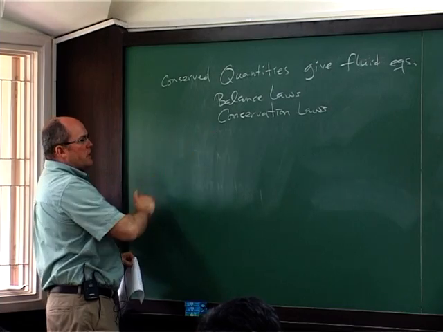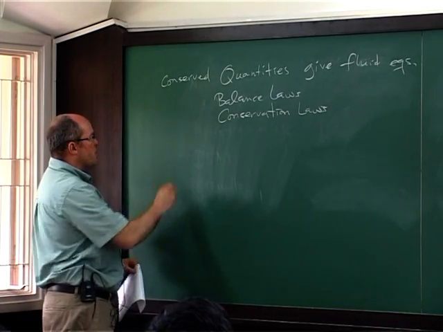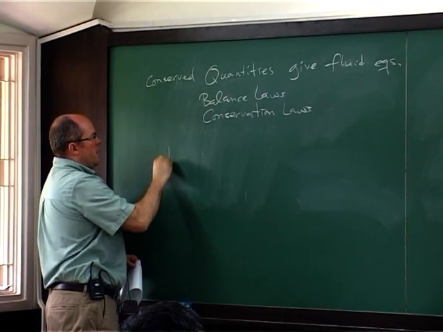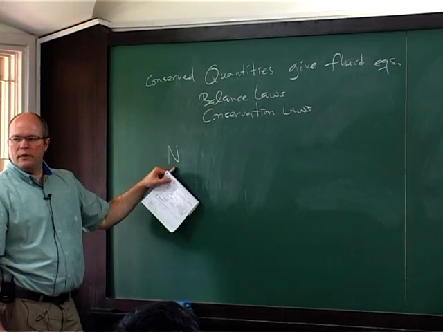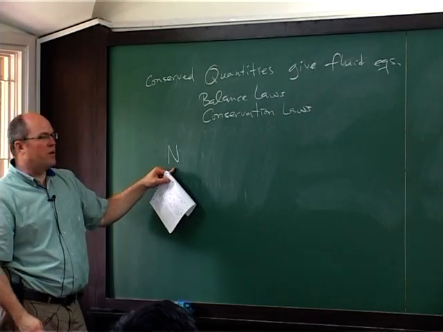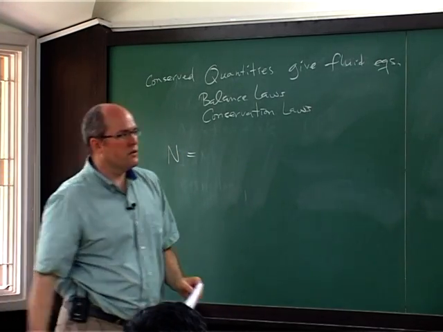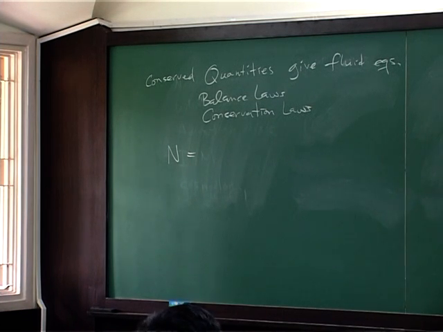So I'm going to think of something that's conserved. Let's choose particle number. So I have total particle number conserved in my fluid volume. I'm thinking of a Lagrangian description here, so I'm going to allow my fluid volume to change in time.